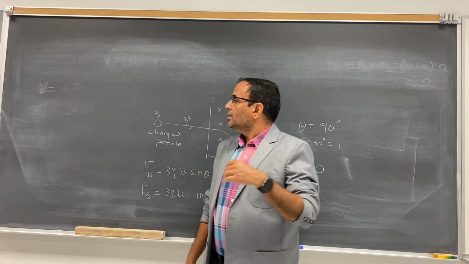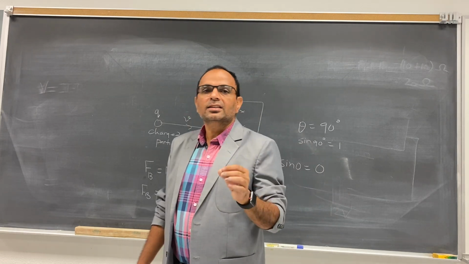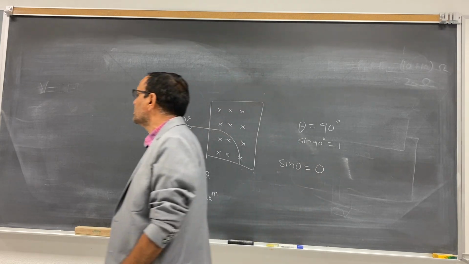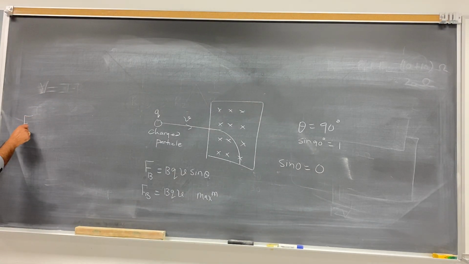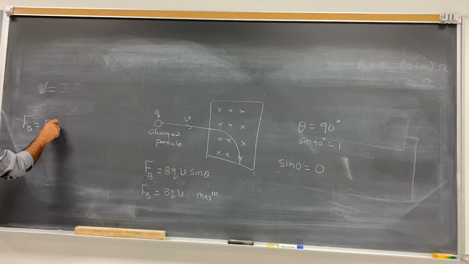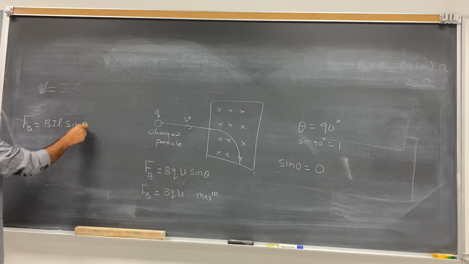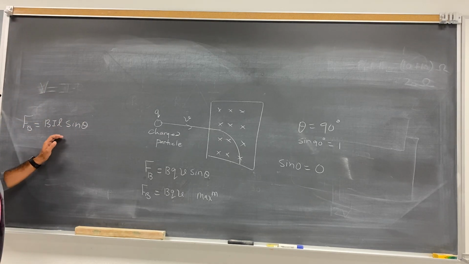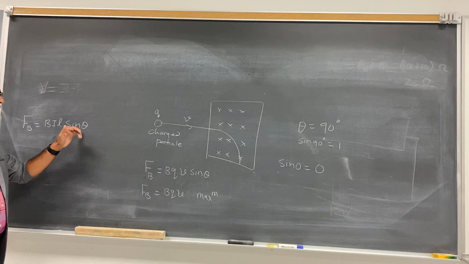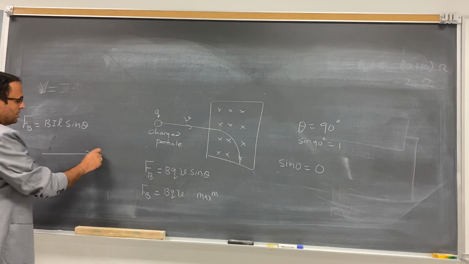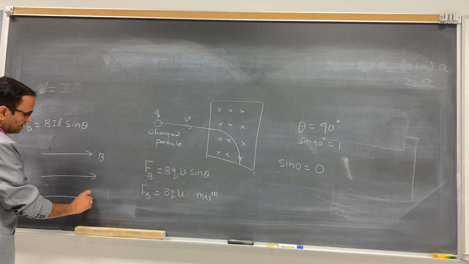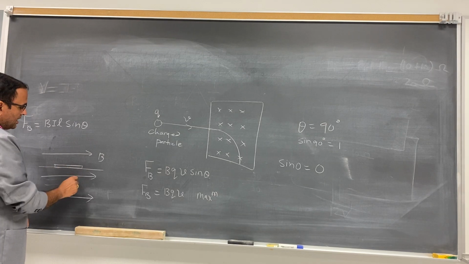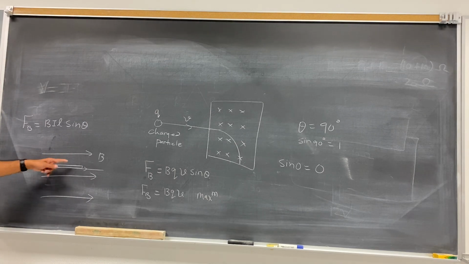Okay, and there is another formula for the current carrying conductor. If the current carrying conductor is inside the magnetic field, the force experienced by the current carrying conductor is BIL sine theta. We already talked about this in the review video for exam 2. Please recall this also. F equal to BIL sine theta. In this case also, if this is a magnetic field B in this direction, if the rod is parallel to the magnetic field like this, there is a current in the rod, but it is parallel to the magnetic field.